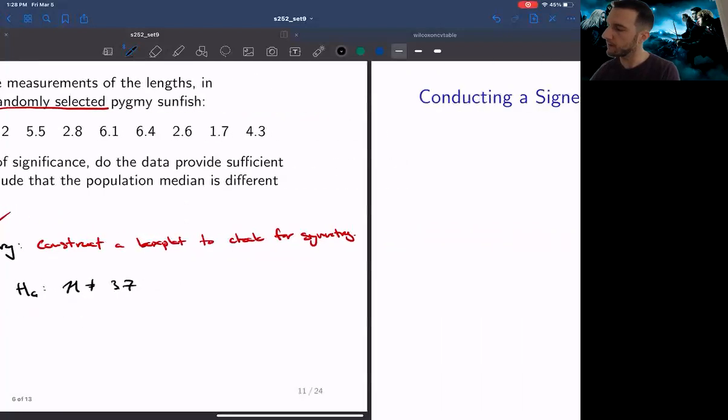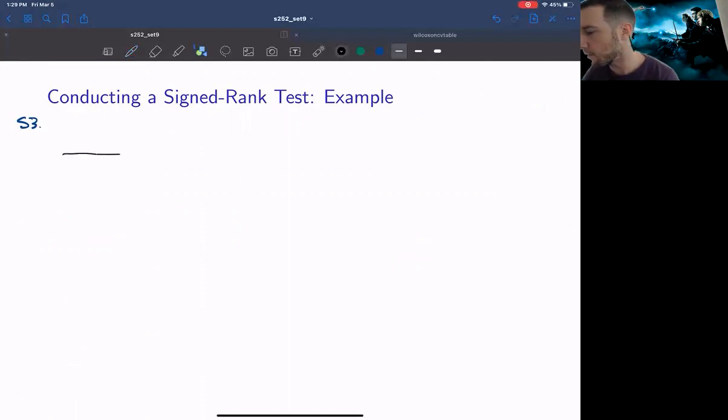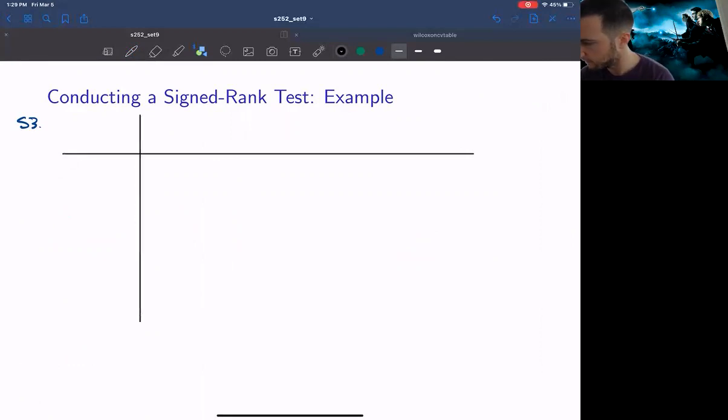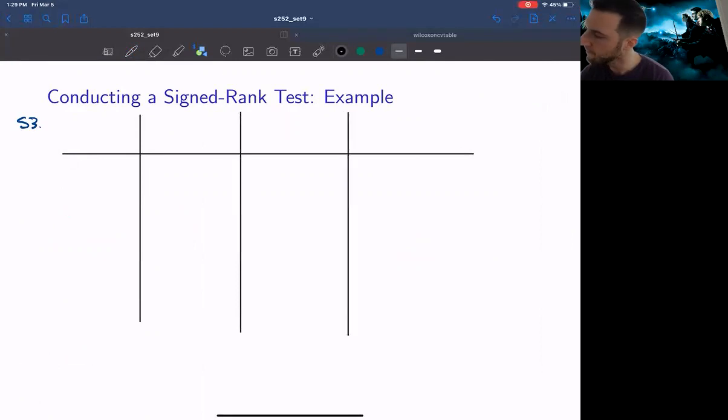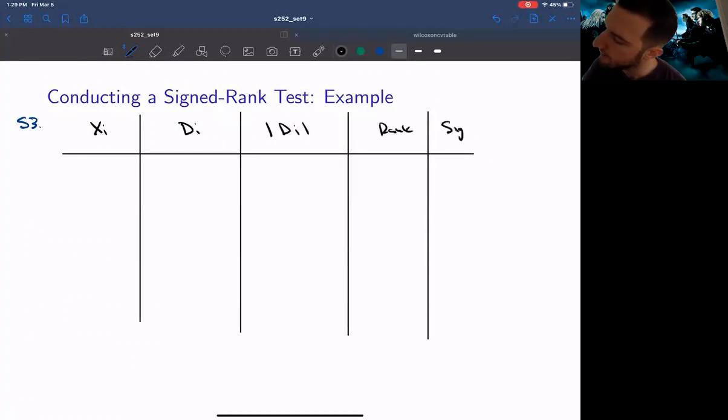Okay, so now we have to find our test statistic. What we're going to do here is build out our table of ranks. So we have xi, we have di, we have absolute di, we have rank, and we have sign.